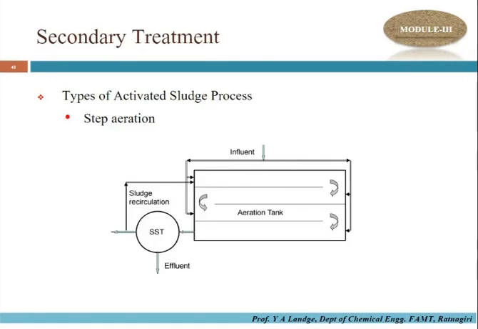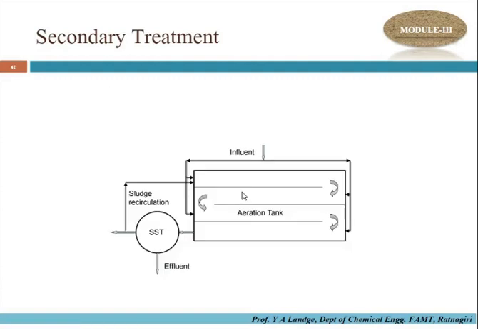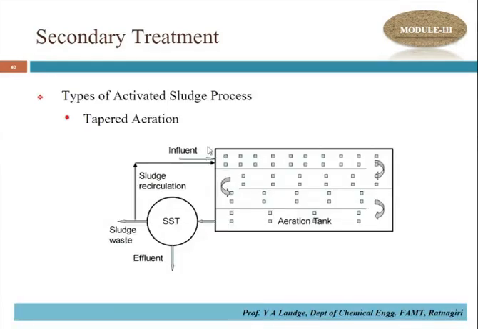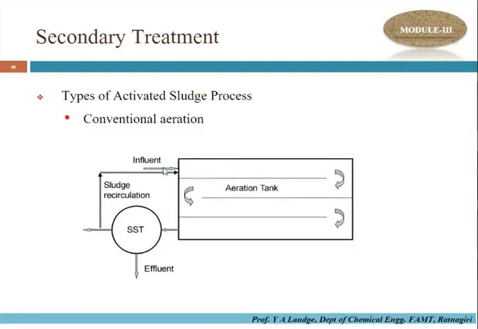In the previous one, if you see the previous diagram, here is the entry point of the influent and the sludge. In the previous case also, you have the entry point at one point. But in the step aeration process, we increase the number of entry points of the influent as well as the sludge.